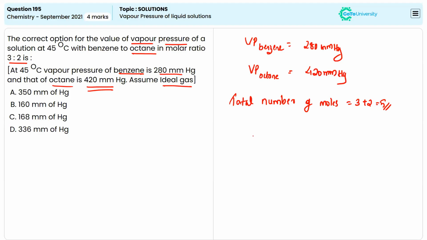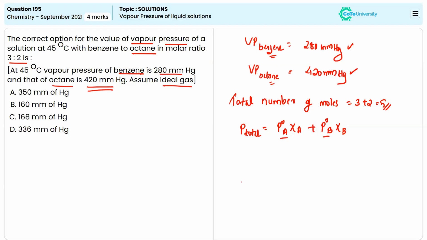Now we have the equation to calculate the total pressure, that is P total is equal to P0A into mole fraction of A plus P0B into mole fraction of B. So here A will be benzene and B will be octane. Here P0A and P0B values are given, but the mole fractions are not given, but we can find the mole fraction because the molar ratio is given, that is 3 to 2.